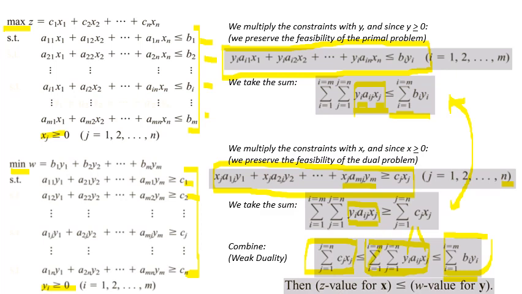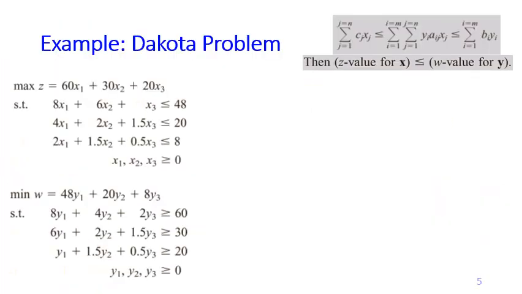If we just ignore this part here in the middle, then we get what is said in the lemma: the z value for x is always less than or equal to the w value for y. So that was the proof.